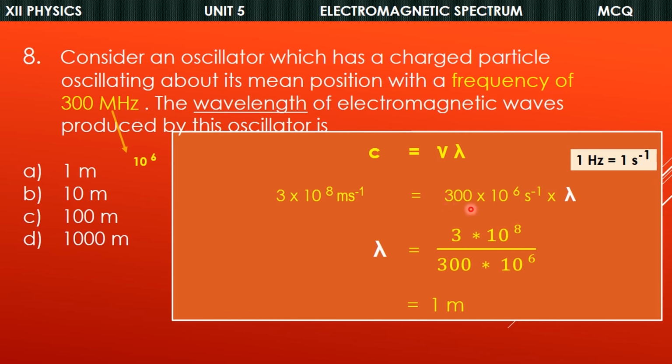That is 300, mega means 10 raised to 6 hertz, second minus 1. Lambda is asked. So keeping lambda on one side and doing the calculations, cancelling second minus 1, we get lambda as 1 meter. So the answer is A, 1 meter.